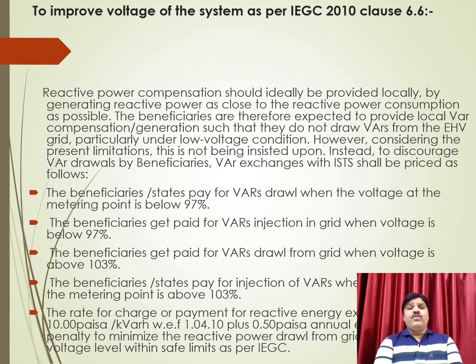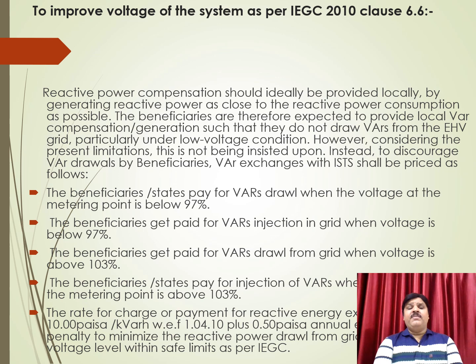So we should operate the voltages in the system within limits. One thing I would compare here: voltage in the system is analogous to the blood pressure of the human body. If the blood pressure is not in the normal range, then our body functioning will definitely be affected.